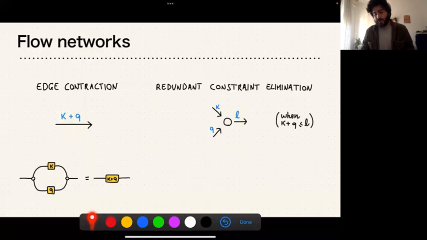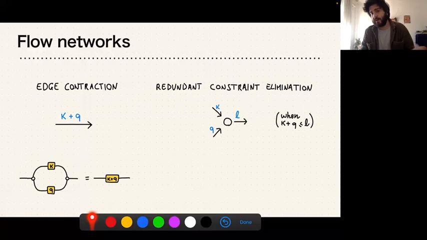One other operation is redundant constraint elimination, which says that when we have a network in this shape, with two incoming edges labeled k and q and one outgoing edge labeled l, such that k plus q is less than or equal to l, then we can drop this l constraint, since k plus q will never exceed l.